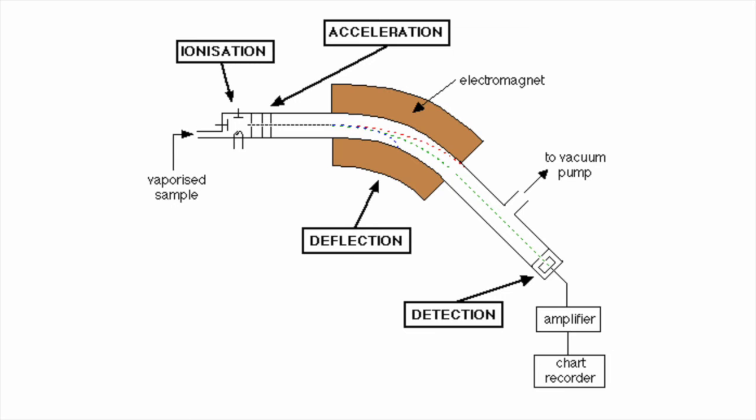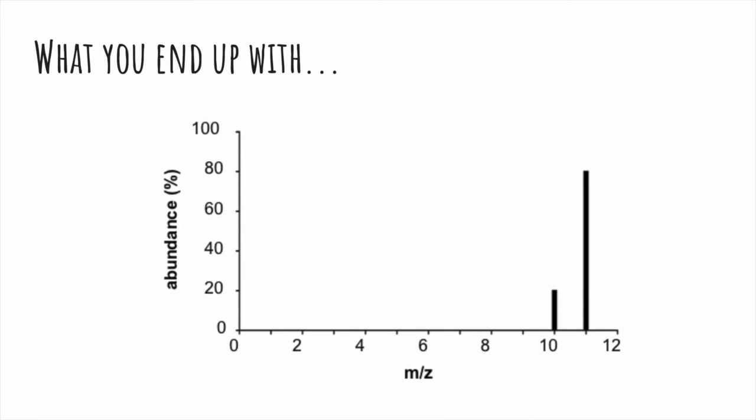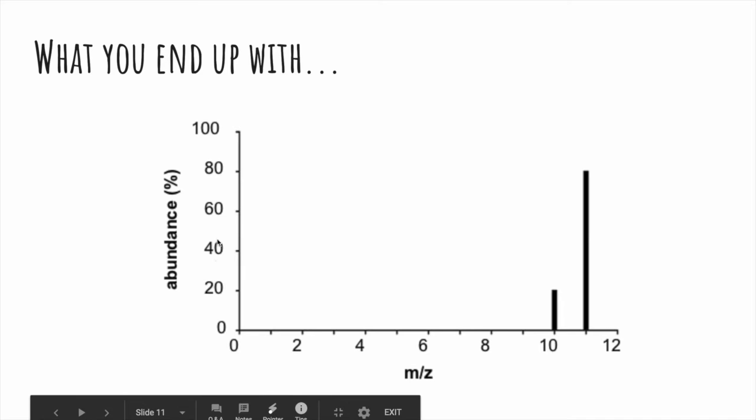Okay, so if all that's a little bit confusing, that's absolutely fine. It's these graphs that are the most important thing. So by putting your atoms into your mass spectrometer, they fly around, they all deflect different amounts, and at the end of it you get this graph. And this graph tells you that you've got a few elements with a mass number of 10 and more elements with a mass number of 11.